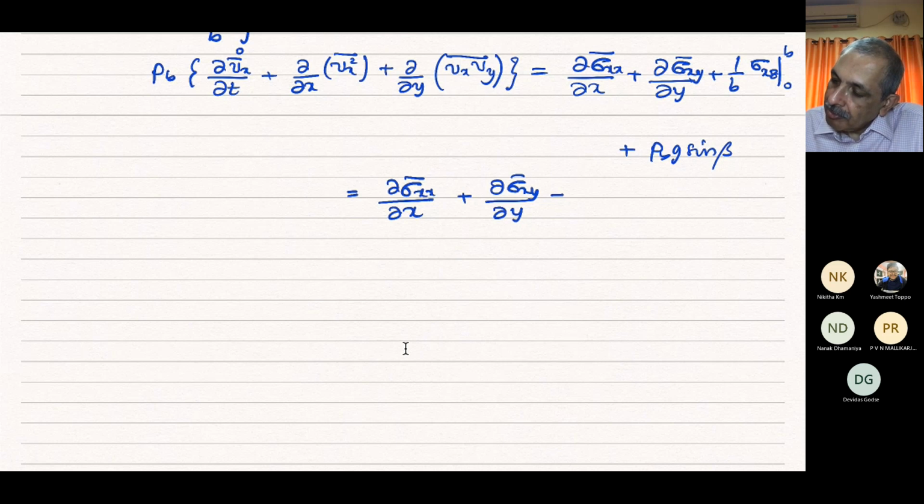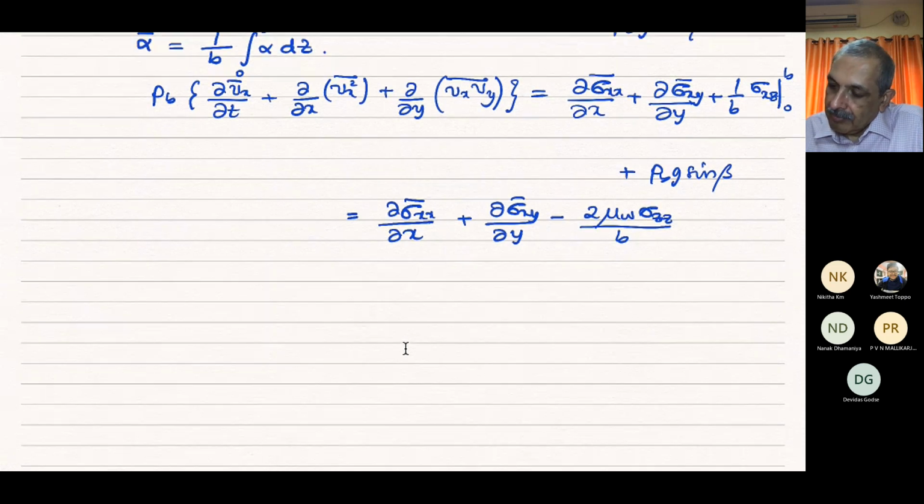Actually, B is at both points, the thing is the same, so this is minus 2 mu w sigma zz divided by B, and the sigma zz is evaluated at B. We just leave this as it is.